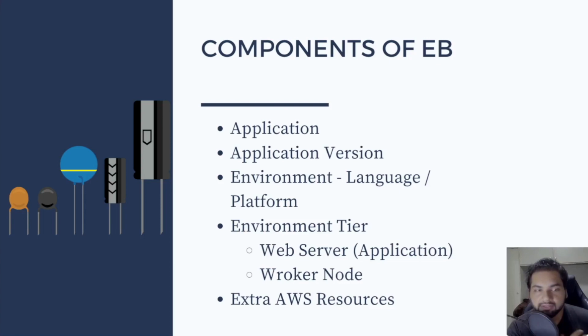If you choose the Docker platform, it's quite interesting, because you don't have to bother about the platform or anything else. Directly you can attach extra AWS resources, which is like the cherry on the cake. For example, if you want to attach an RDS instance, you can do it there with just a few clicks. I'll show you in the practical demo.